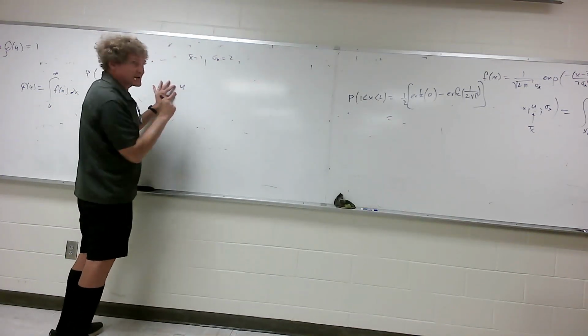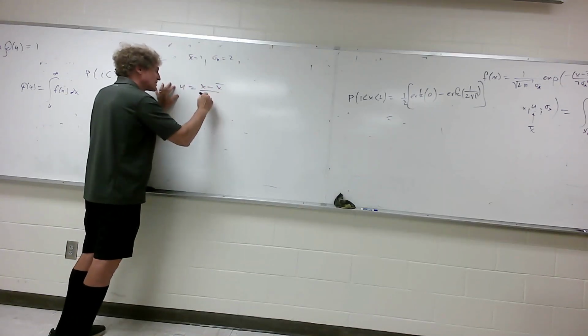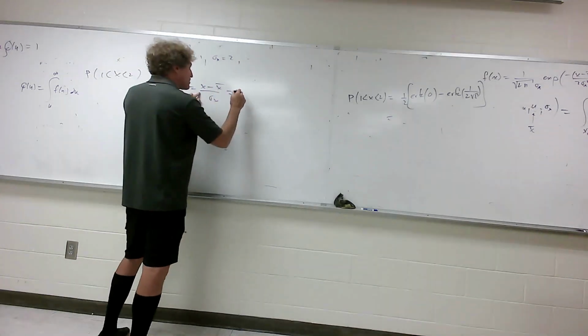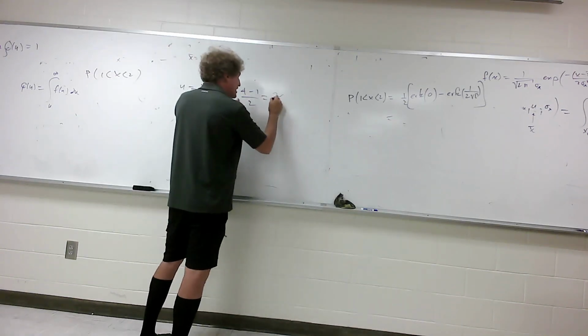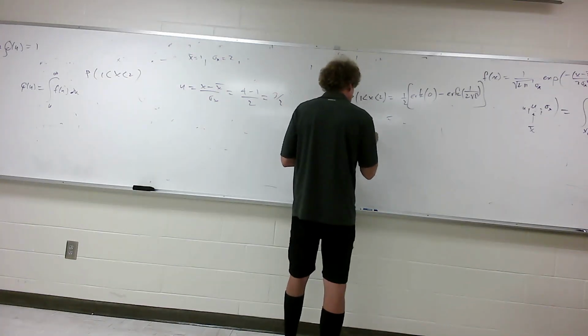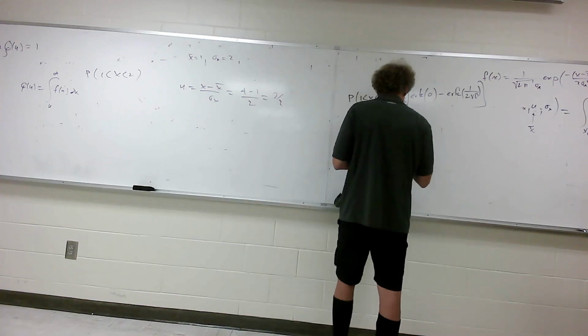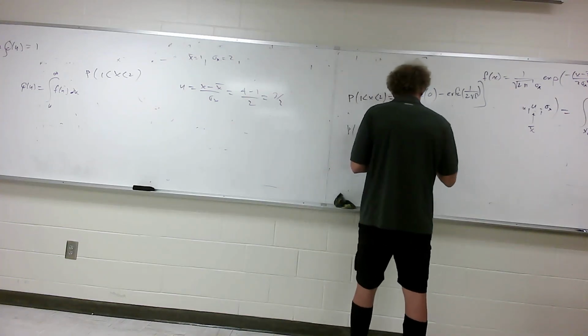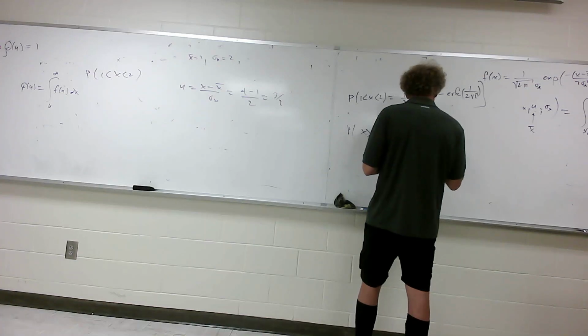For me, I have to do X minus X bar over sigma X. So it's greater than 4, 4 minus 1 over 2. That's 3/2, right? So I can say the probability that X is greater than 4 is just going to be 1/2 ERFC of 3/2 over the square root of 2.